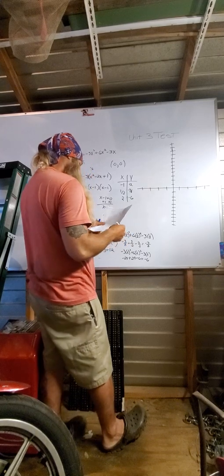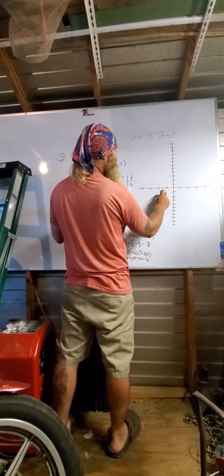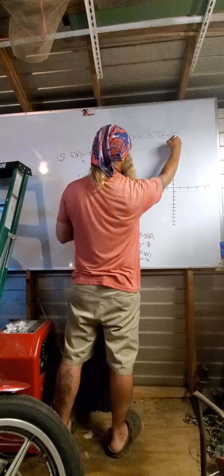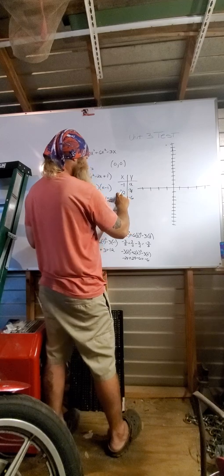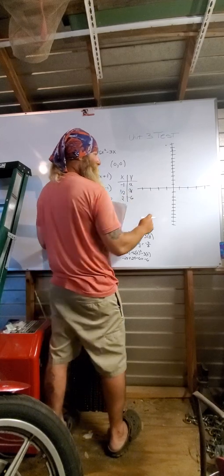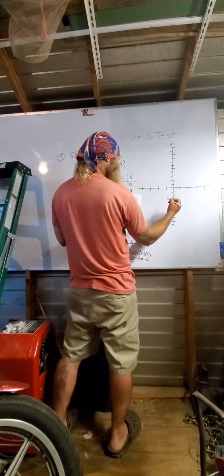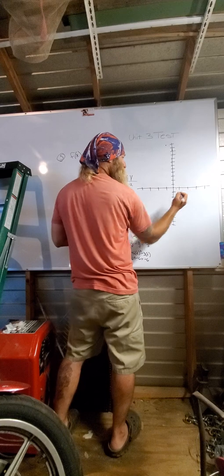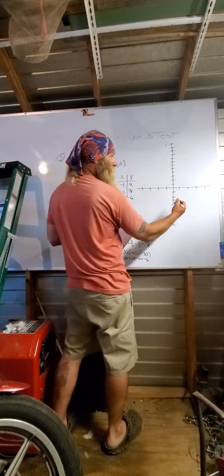Okay. So we have our points negative 1 and 12, right up here. We have our point 1/2 and negative 3/8, say roughly right there. We have our 0, 0. And we have our 2, negative 6.